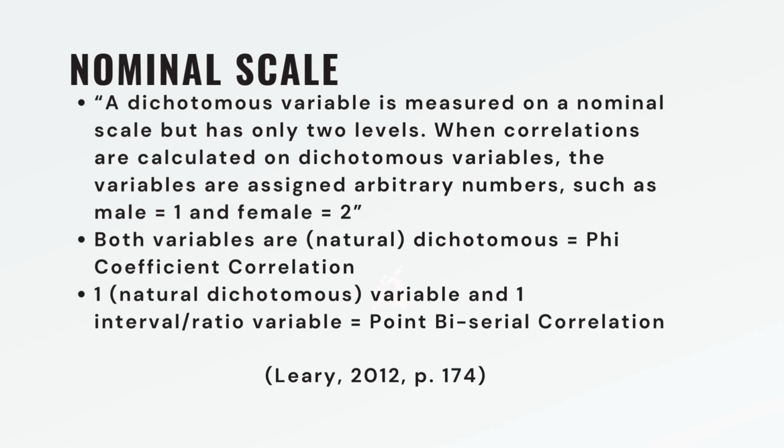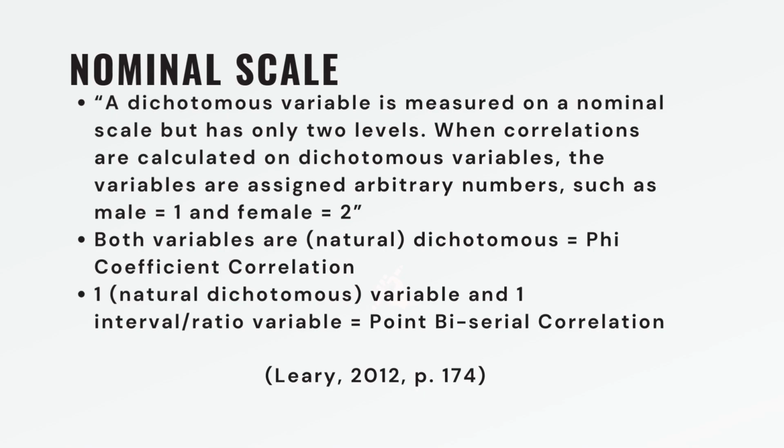According to Leary, a dichotomous variable is measured on a nominal scale but has only two levels. When correlations are calculated on dichotomous variables, the variables are assigned arbitrary numbers, such as male equals 1 and female equals 2. When both variables being correlated are dichotomous, a phi coefficient correlation is used.